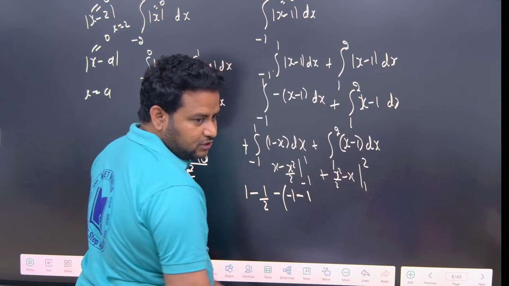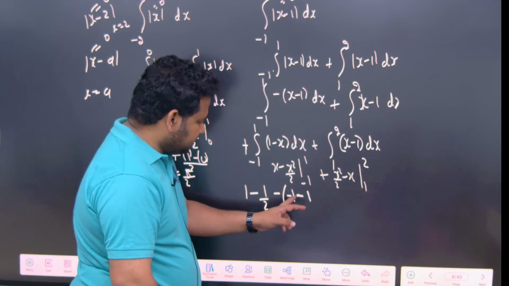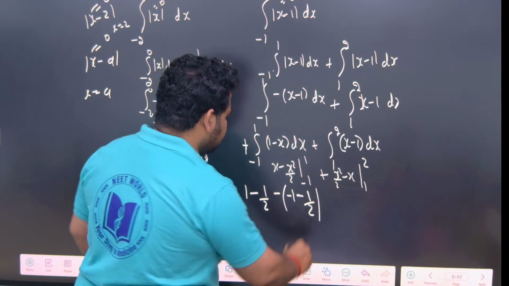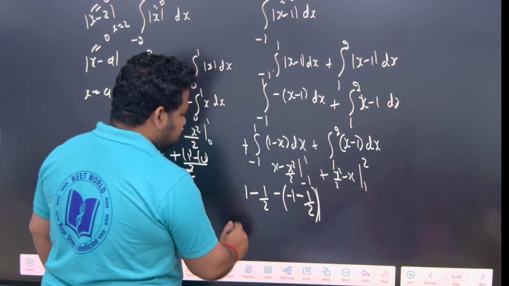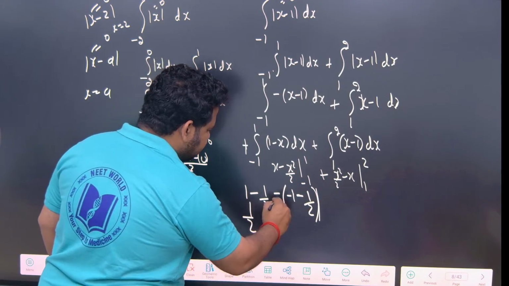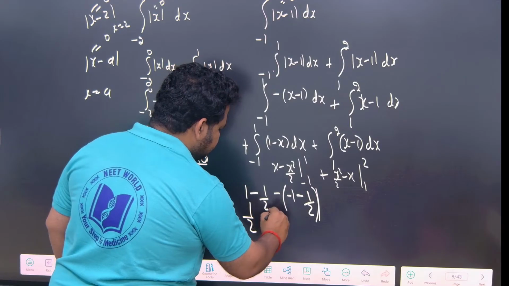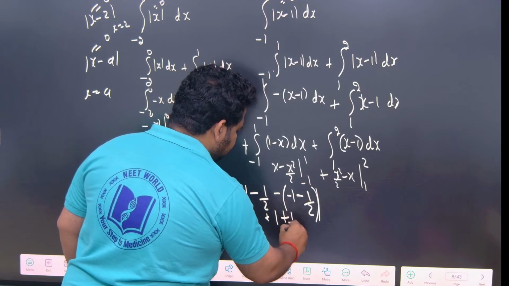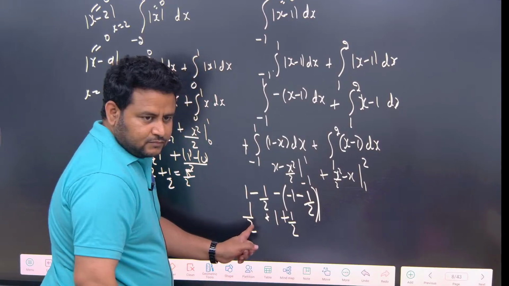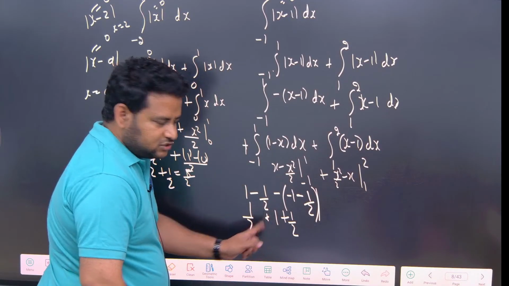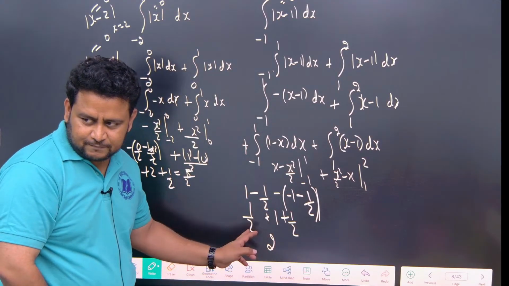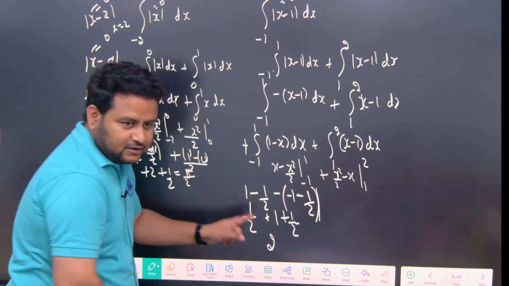So first do this within the bracket: 1 minus half is half. Half, minus into minus is plus, 1 plus 1 by 2. So this will be 1 by 2 plus 1 by 2, which is 1. So this will be 2. Half plus half is 1, plus 1 is 2.